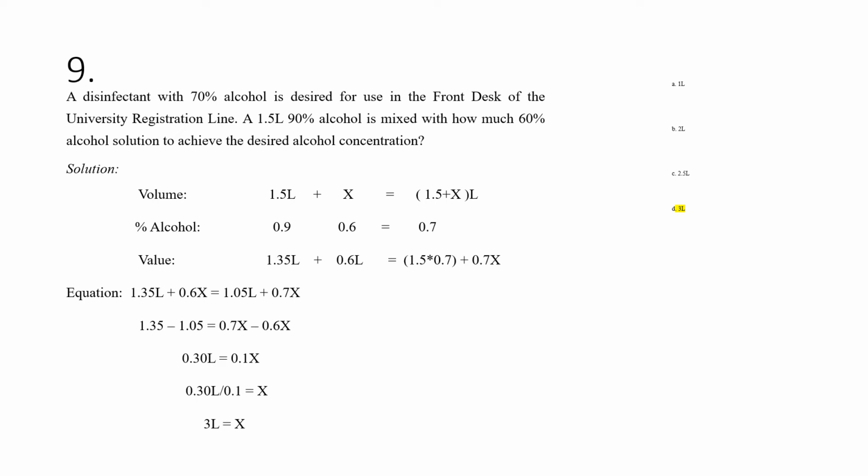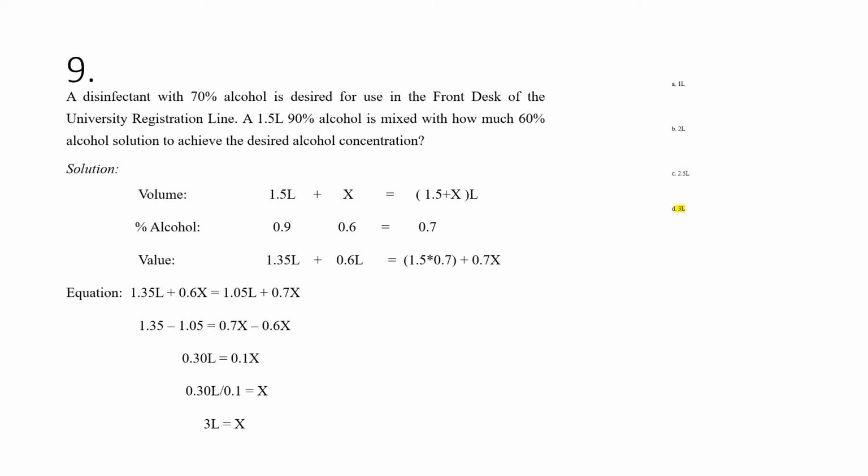The 1.5 liters will be a 90% alcohol solution. And for the unknown 60% alcohol solution, we will represent that as X. Therefore, the total volume of this mixture will be 1.5 liters plus X liters. And the resulting volume will have to have 0.7 or 70% alcohol.